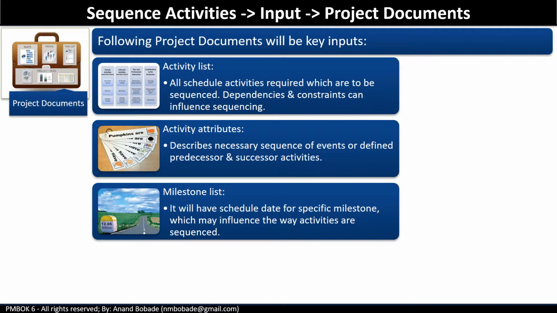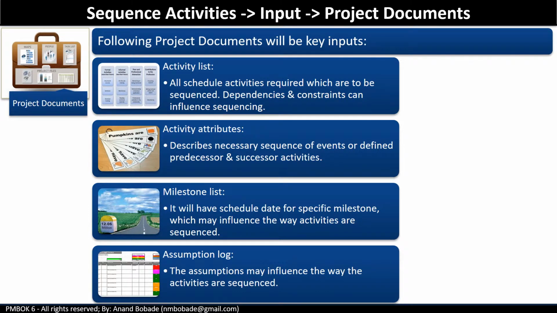In such a case, you may need to do backward planning. Next is the assumption log. It was created during development of the project charter. So the assumptions may influence the way activities are sequenced. So we will use the assumptions from this and then we will see how they will impact our sequencing.